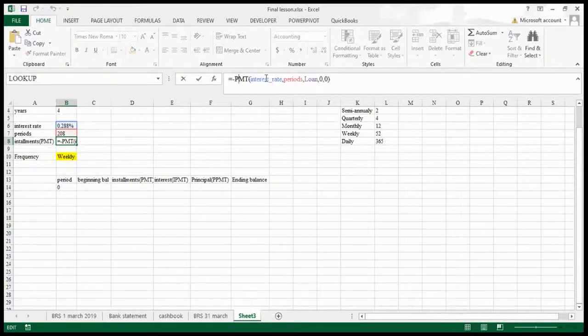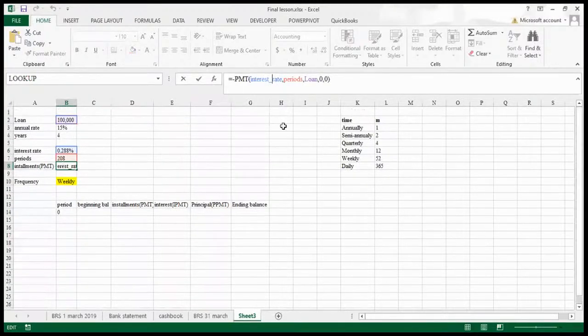PMT is here. Interest rate is this, comma. Number of periods is this, the periods that we had here, 208, comma. Present value is the loan amount up there. And future value is 0. And type, is it at the beginning or at the end?